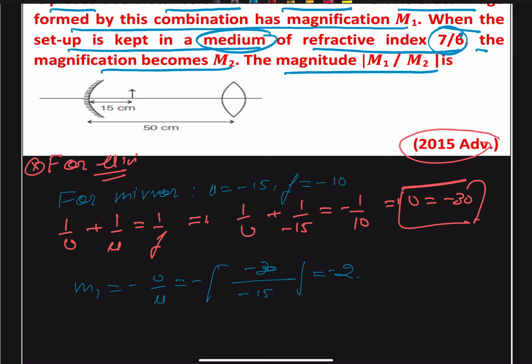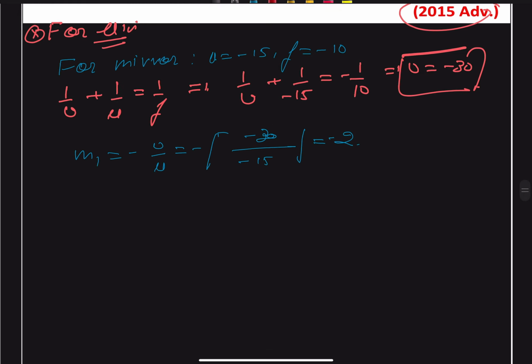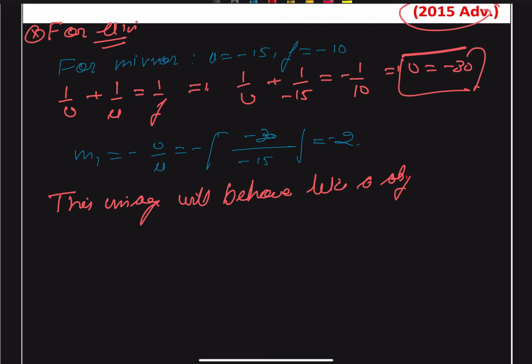Now this is going to behave as an object for the lens. So you can see this image will behave like an object for lens, and for lens we have u is equal to minus of 20 and the focal length is 10.